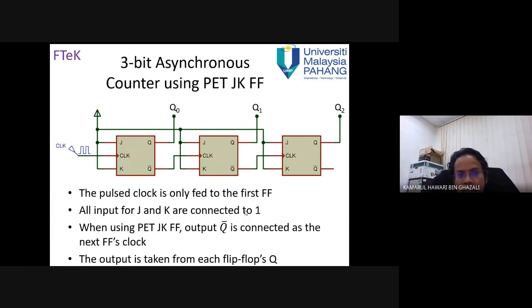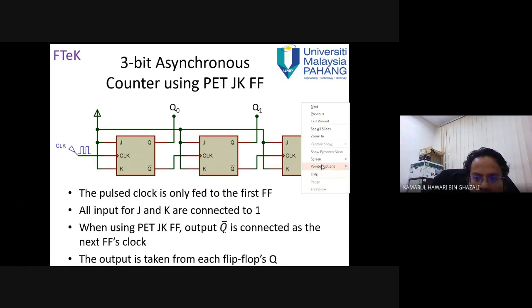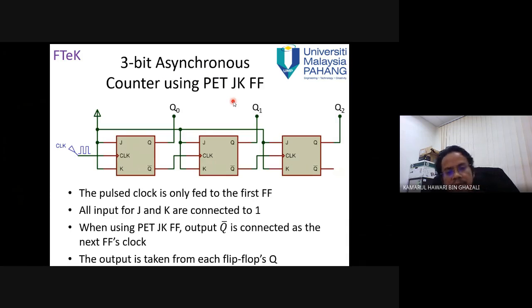This is an example of a 3-bit asynchronous counter using positive edge trigger JK flip-flops. How do you know this circuit is positive? Because there is no bubble at the clock input. If there is a bubble, it is a NET, or negative edge trigger JK flip-flop.